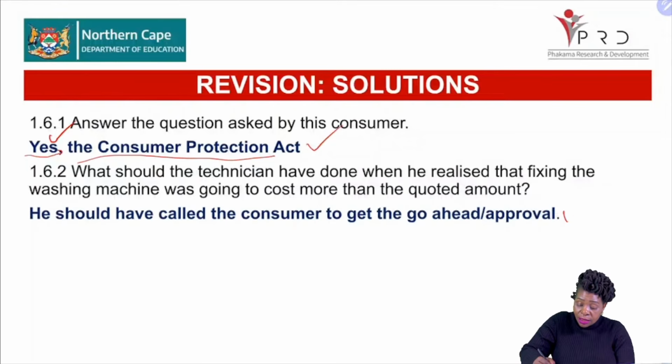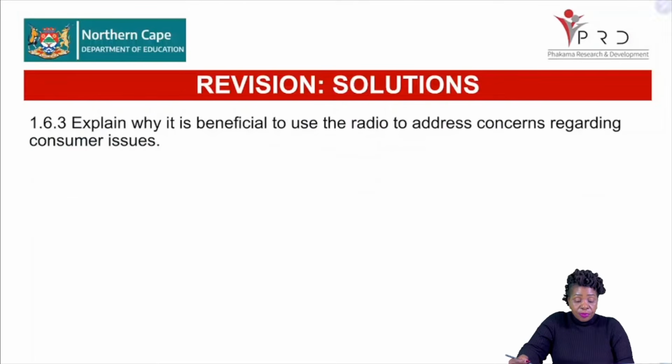It was just as simple as all that, but sometimes people complicate things for us. He could have just called him and told him the amount has gone up, and then the consumer would give him the go-ahead to repair the washing machine. Right? Let's move on to our question.